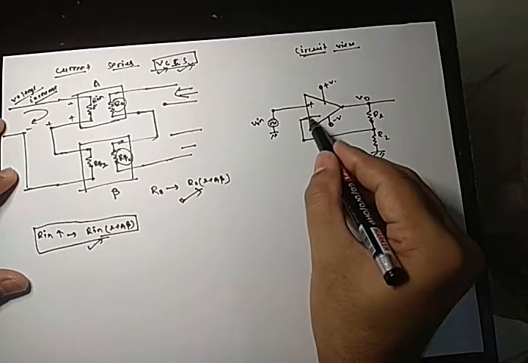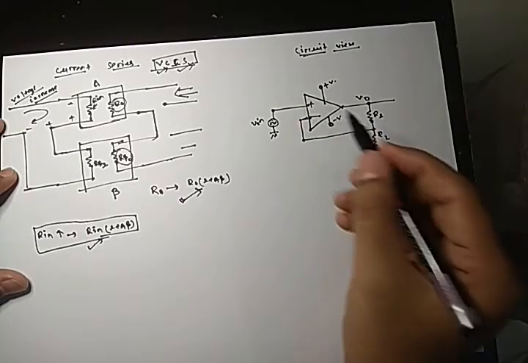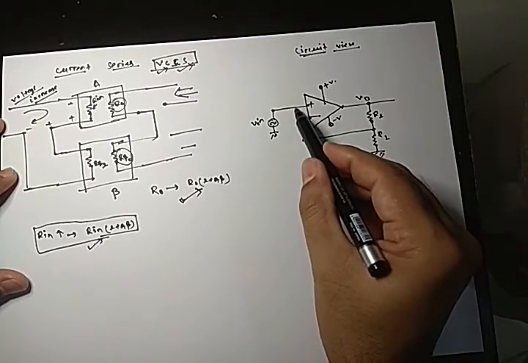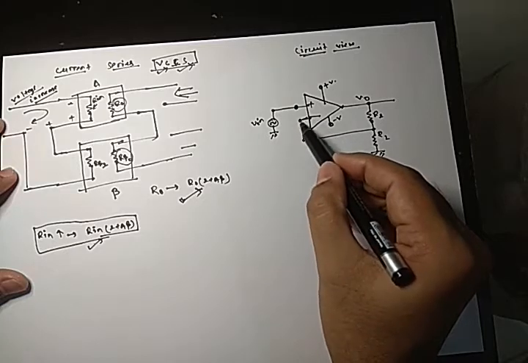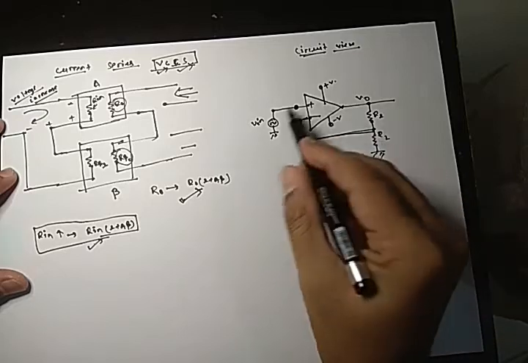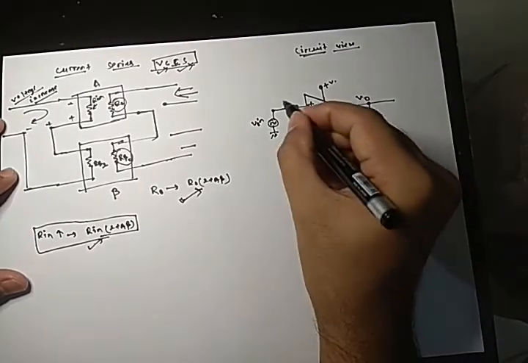Now again, because of this virtual ground, if we want to solve this circuit, whatever the voltage is here, the same voltage will appear here, and as this is shorted, the same voltage will appear here. This is Vin.